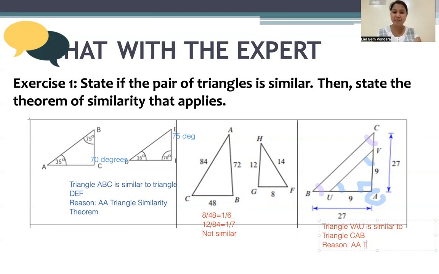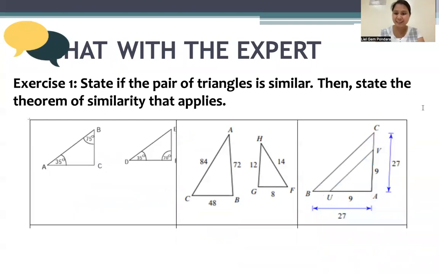We can still have the AA triangle similarity theorem. You might ask, ma'am, is it the only way for us to prove? No, actually you can use the right triangle theorem. It's up to you on what theorem you're going to prove using the similarity. Let's go to the next one. We first clear this up. Now let's go to the next one.